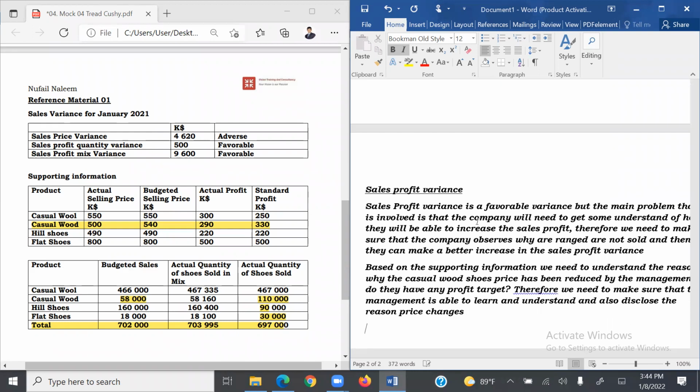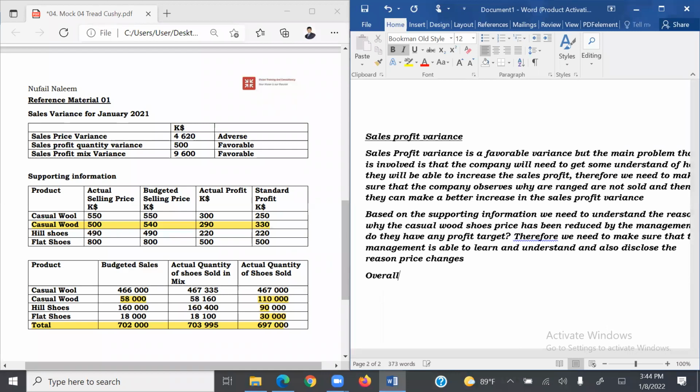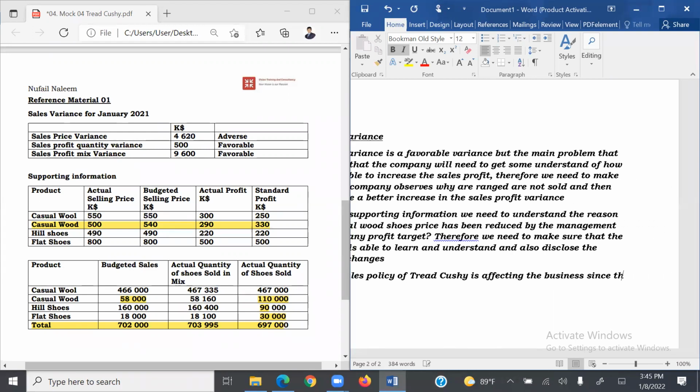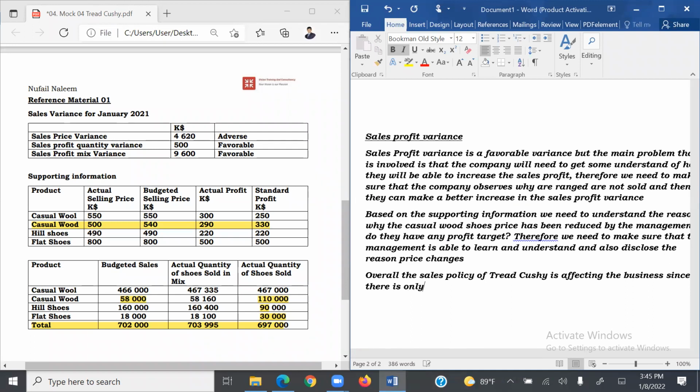So students, what I will write down is that overall the sales policy of Cushy is affecting the business, since there are only quantity targets for the staff to achieve their bonus, so the slack is created.